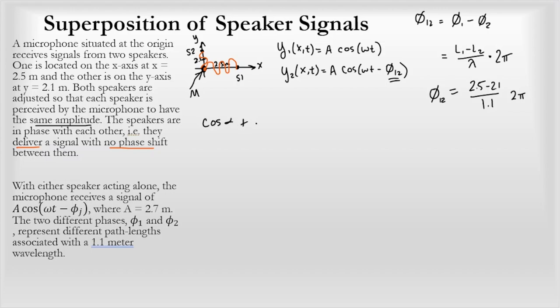Cos alpha plus cos beta equals 2 cos of (alpha plus beta) over 2 times cos of (alpha minus beta) over 2. So you can see the only difference here is there's a cos and a cos here. If this was a sine, it'd be sine, sine, sine, and then the cos term on the end stays the same.